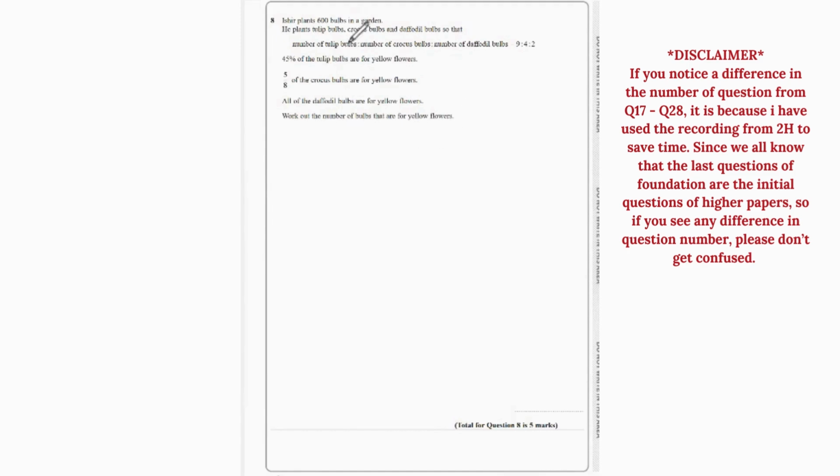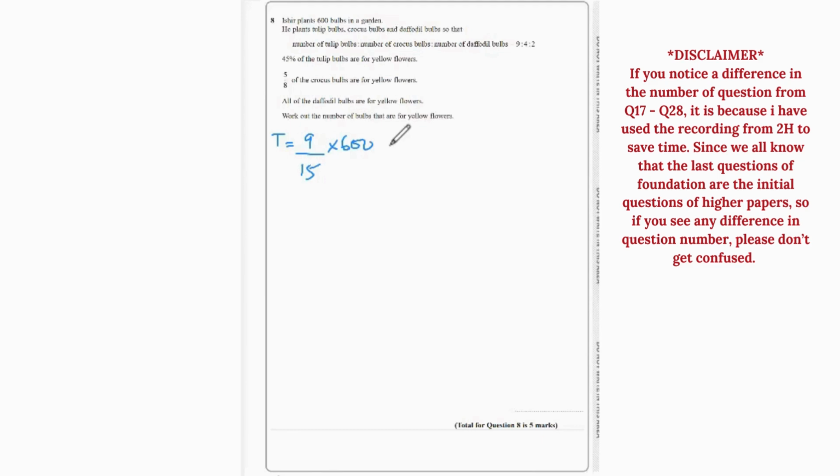So let's find the number of tulip, crocus, and daffodil bulbs first. So for tulip, it's going to be 9 over 15 times 600. Now, why is it 9 over 15? Because whenever we have a ratio given, the part assigned to tulip, that number is written in the numerator for the fraction, and the denominator is the sum of numbers in the ratio. So 9 plus 4 plus 2 equals 15.